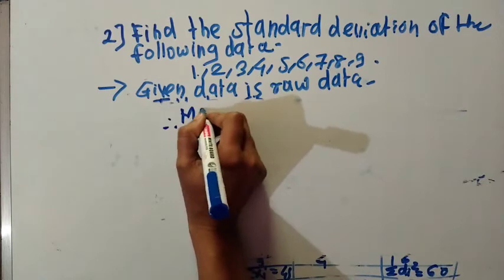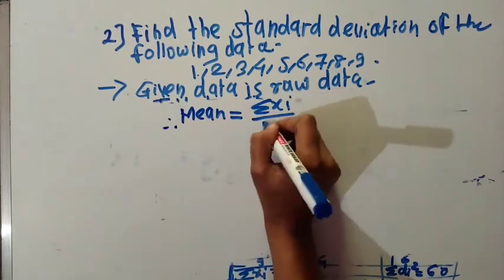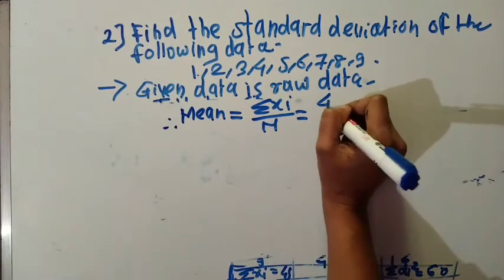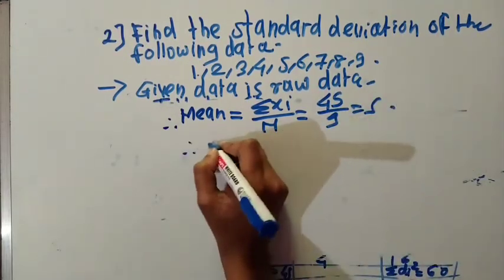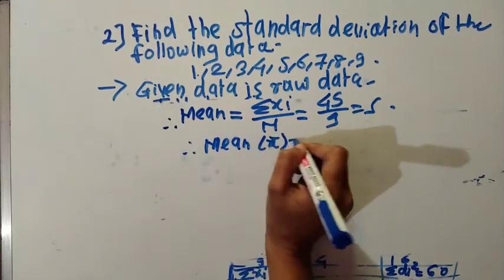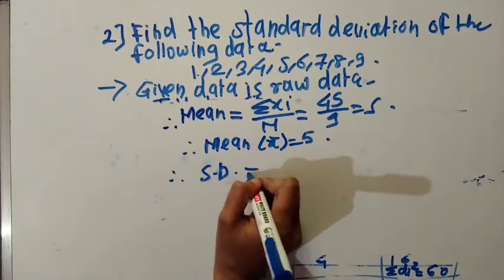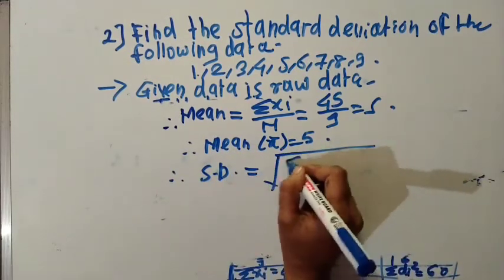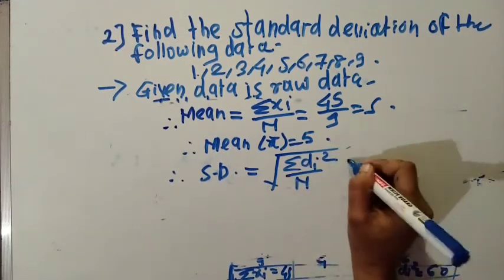First of all, mean is equal to summation of xi upon n, which is 45 upon 9. Hence mean x bar is equal to 5, and standard deviation by this formula is the root of summation of di square upon n.